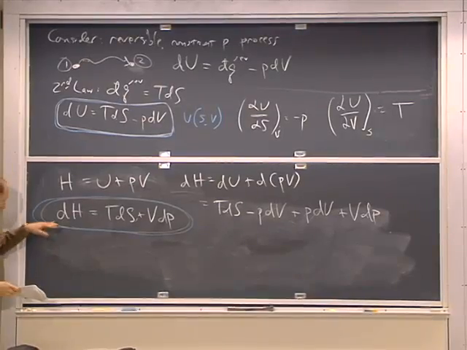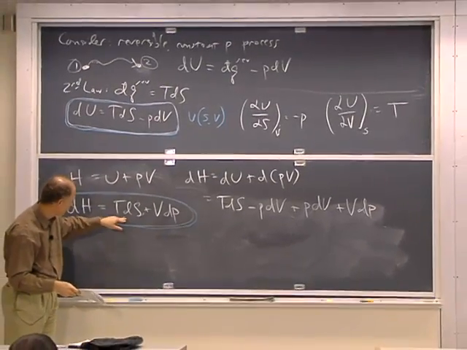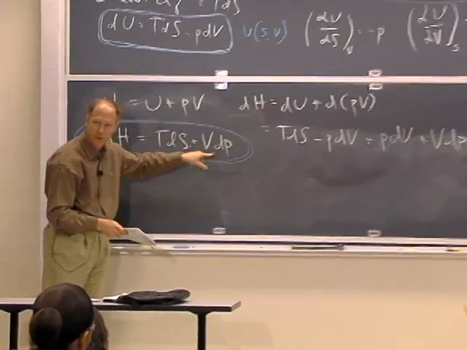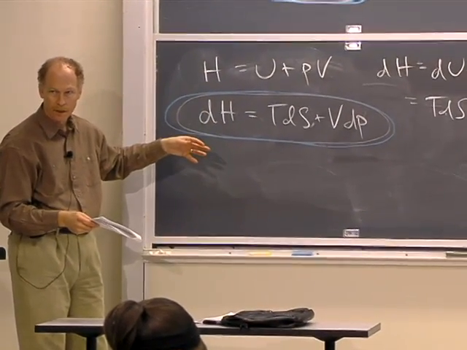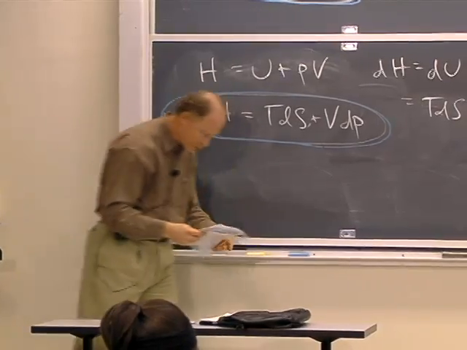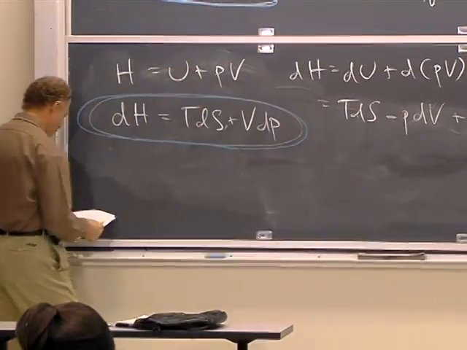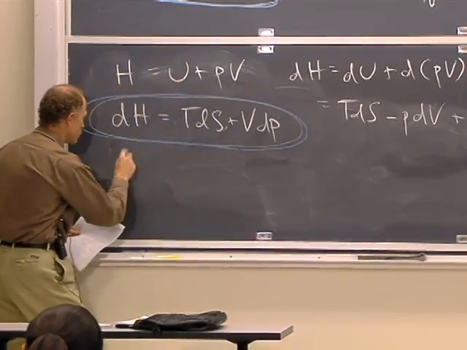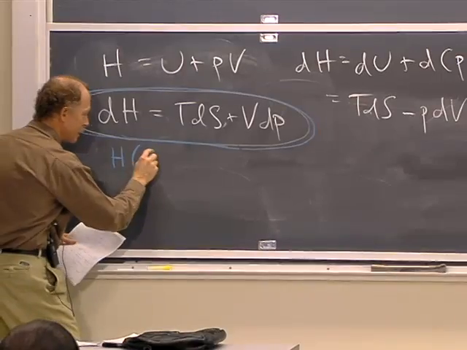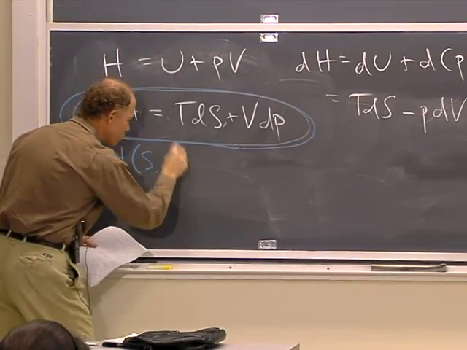Okay, so again, let's look at what we've got on the right-hand side here: T, S, V, p, only quantities that are functions of state. And of course, we can take the corresponding derivative. So let's also be explicit here. That means that we're writing H as a function of the variables S and p.